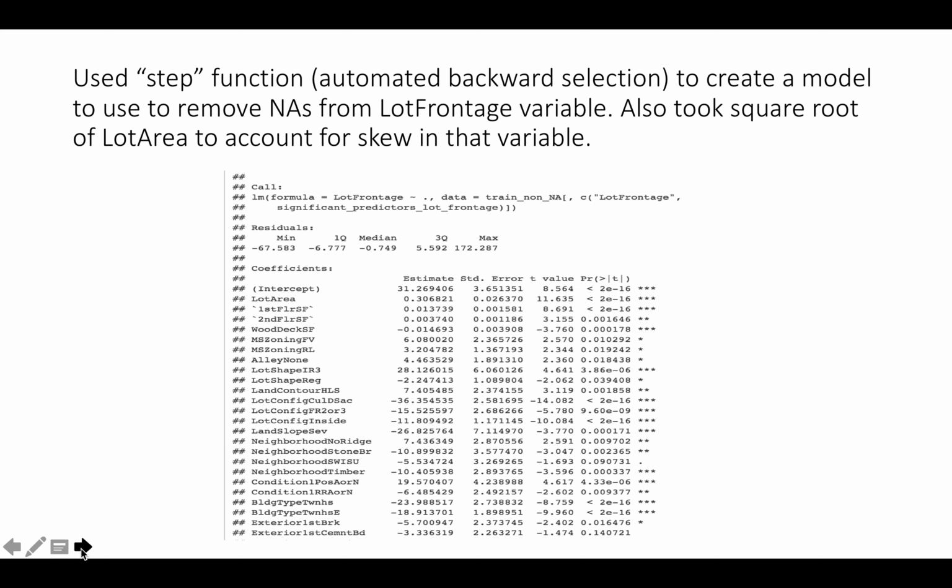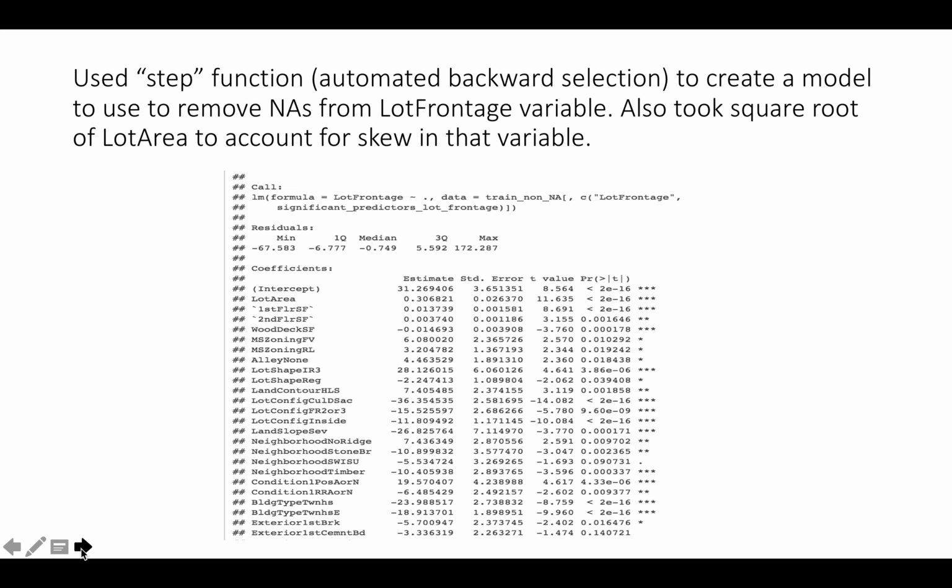So then also there were a lot of missing values for this lot frontage. So basically the area in front of the home had a lot of NAs. So you can use this step function, which is automated backward selection, where it starts with all the variables, and then it gradually removes them to get a select set of variables where they're all significant.